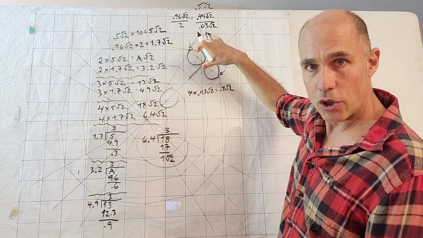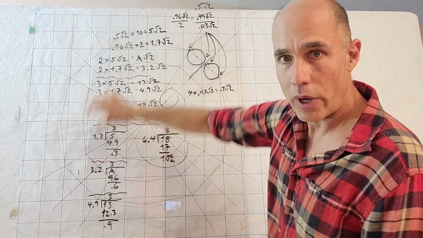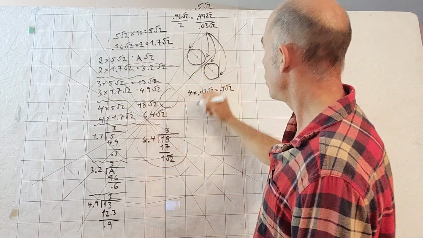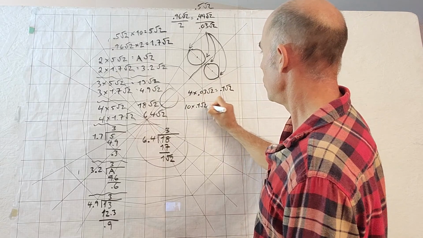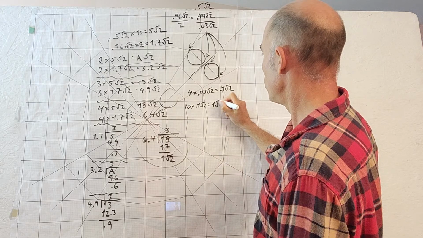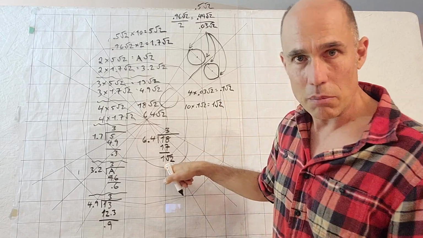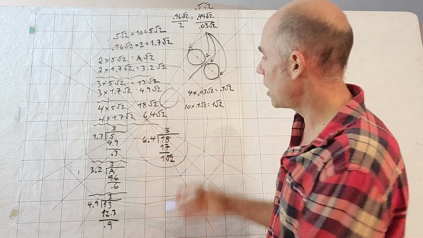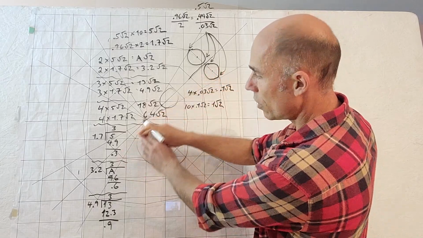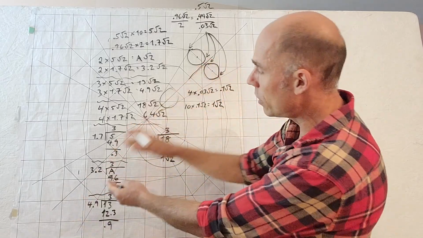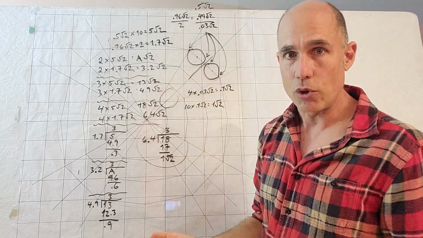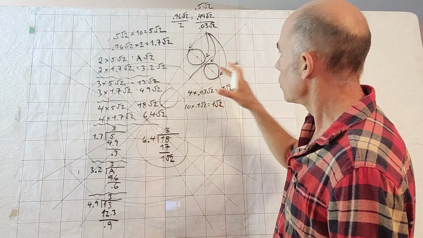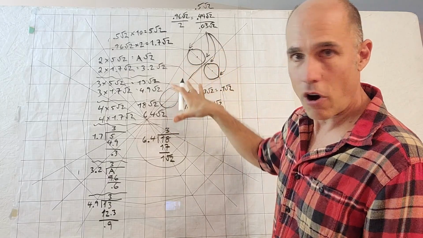And then what we're going to be doing is repeating that all the way around this circle. So of course, 10 times 0.1 root 2 equals 1 root 2, and that's the total amount of empty space, so to speak, that we had left over when we took what I'm going to call the solid diameter, and divided it into the perimeter of the dodecagon. So that's what this looks like so far.